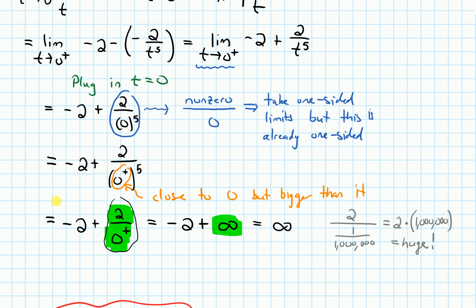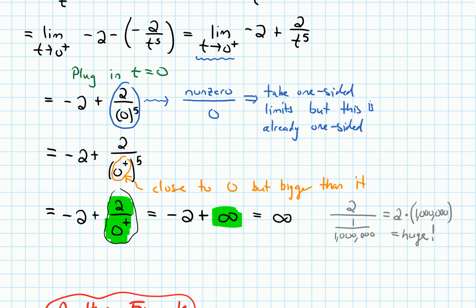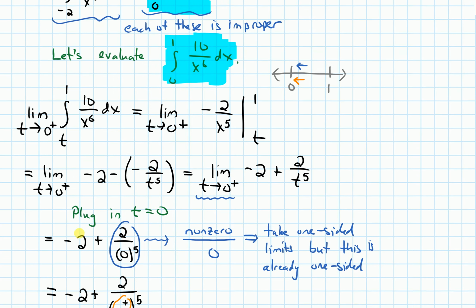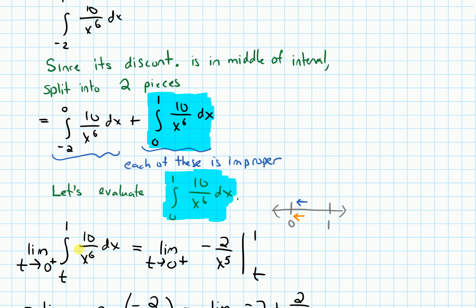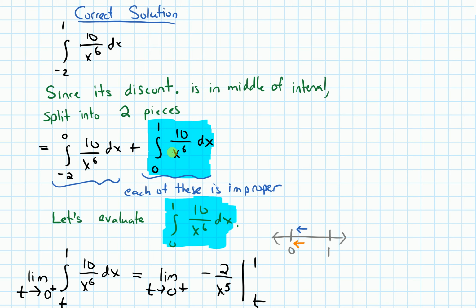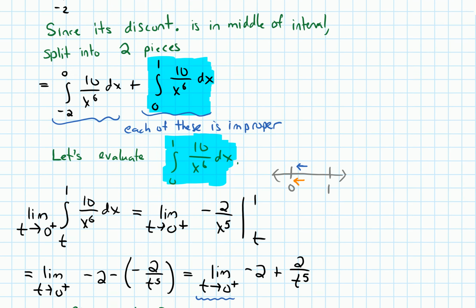Okay, so that means that this integral, if I scroll up to the top again, remember, we split up the original problem into these two integrals, and we focused on the second one, and now we know that the second one diverges. Let's write that down.